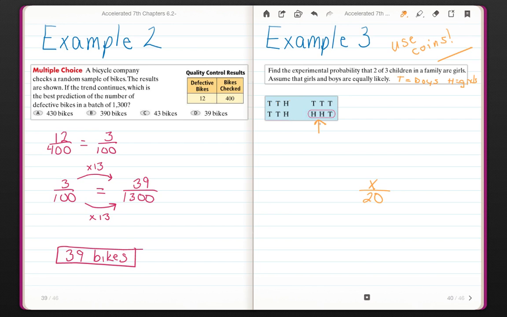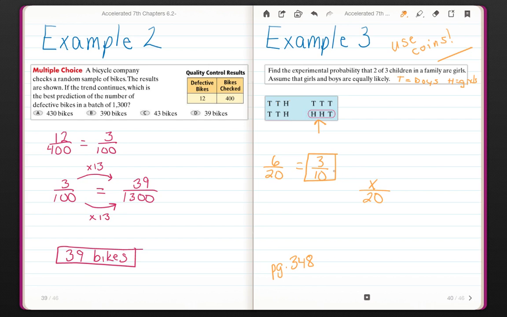Looking at the full chart in the book on page 348, you will see that there were 1, 2, 3, 4, 5, 6 out of the 20 tosses were heads, heads, tails, which reduces to 3 out of 10, or 3/10. So the total number of times that 2 heads and 1 tail came up were 3 for every 10 times that you tossed the coins. So that is the experimental probability.